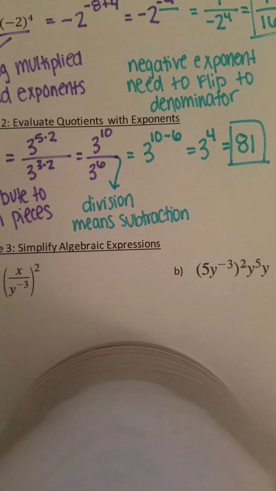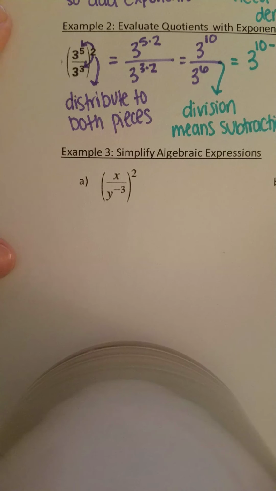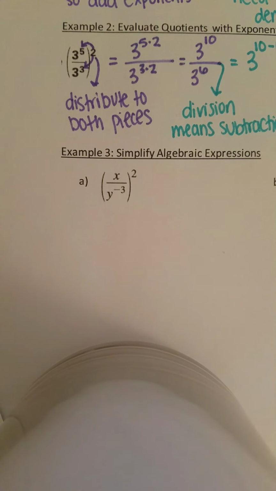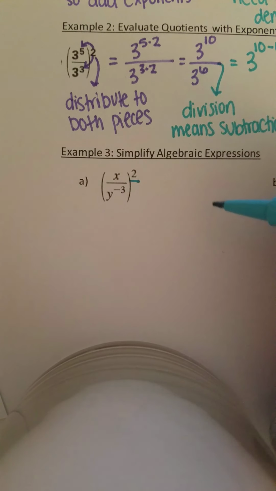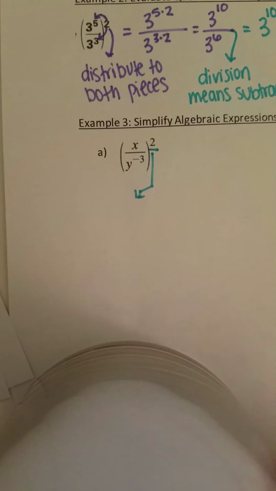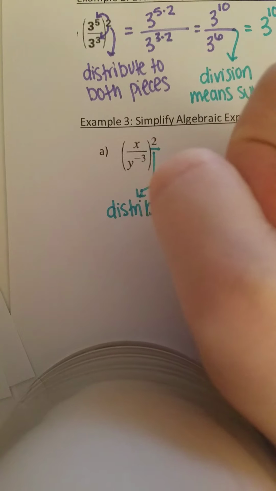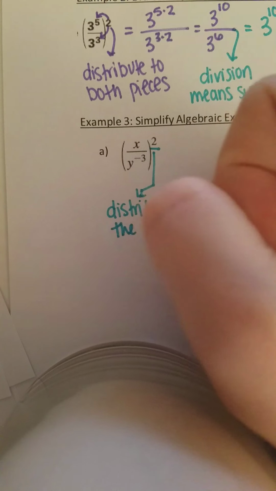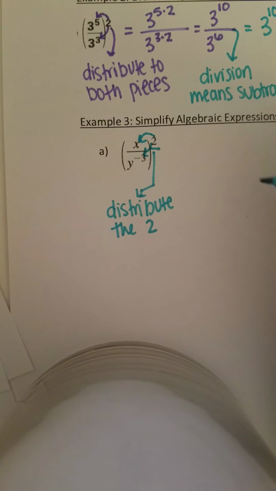And we have two more we're going to do. This is just more simplifying. In this case, we have the 2 on the outside. So we're going to distribute the 2 to both pieces. So you have to do it to the x and to the negative 3.